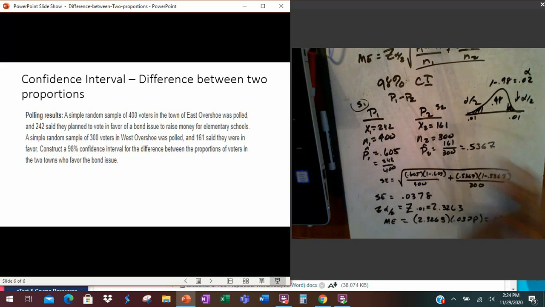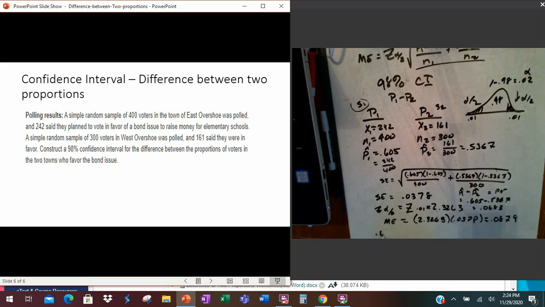So what we have to do now is P1 hat minus P2 hat, and that is our point estimate. The difference here would be 0.605 minus 0.5367, which is 0.0683.